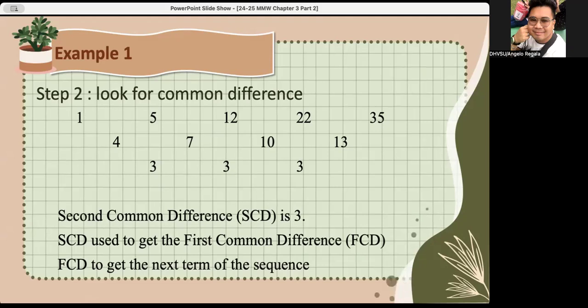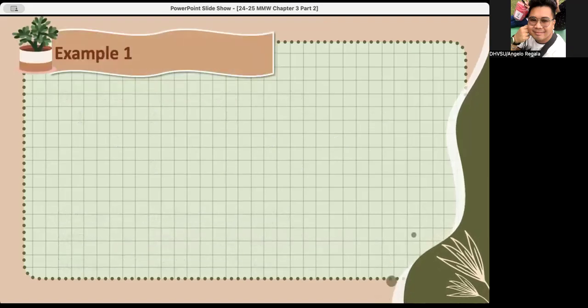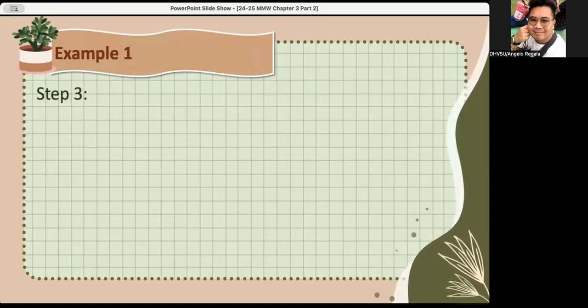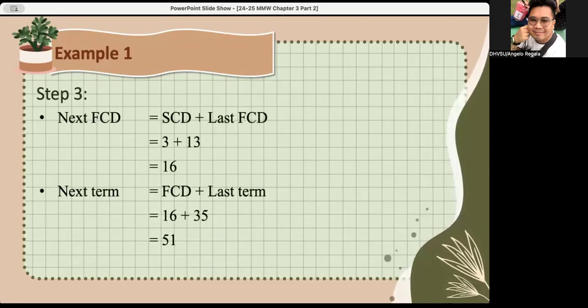So the second common difference is 3. So we look for the next term after 13 by adding 3. So 3 plus 13 is 16.